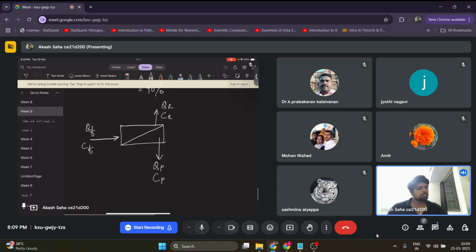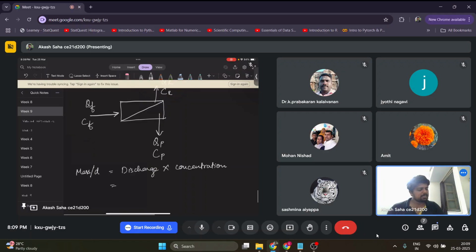Now if we see the total mass of pollutant, what is the mass per day of the pollutant that is coming in? That is nothing but the discharge into the concentration. That much mass of pollutant per day is coming into the system.